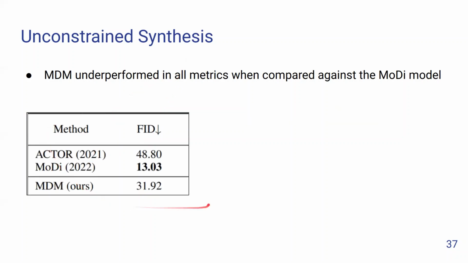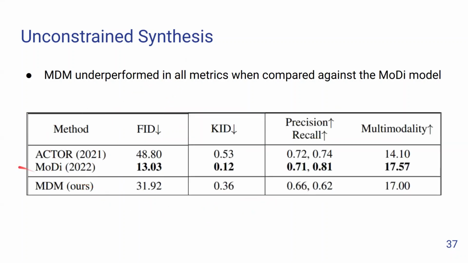And so here are the results and how the MODI completely outperformed MDM in the actor model. And notice here, this is the KID that I mentioned before. Notice how it produces smaller values in the FID. And yeah, that's the unconstrained synthesis.